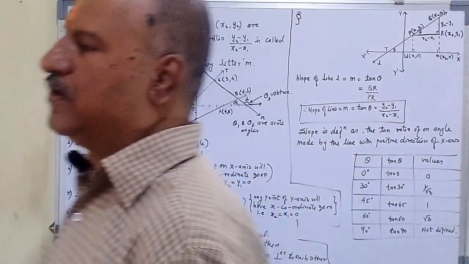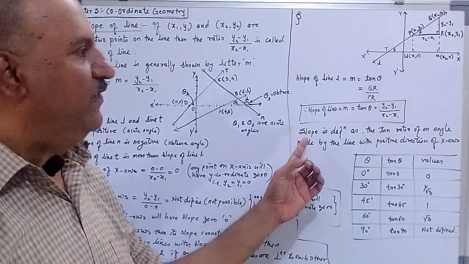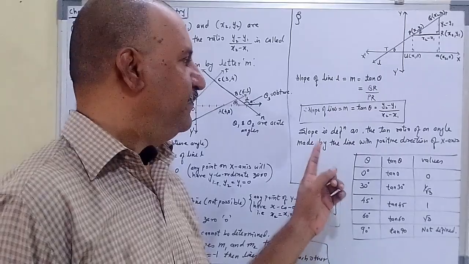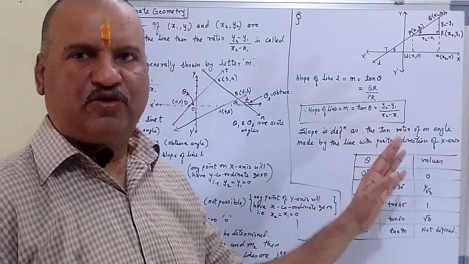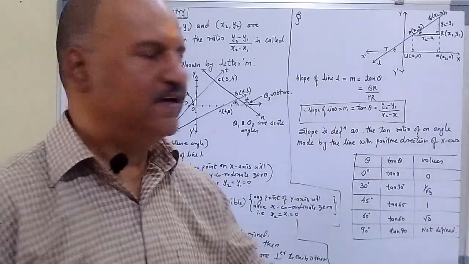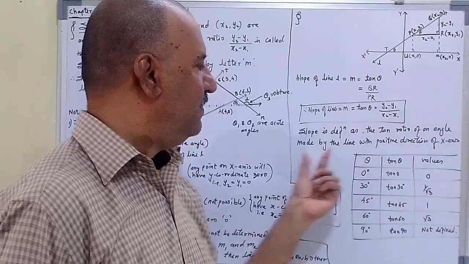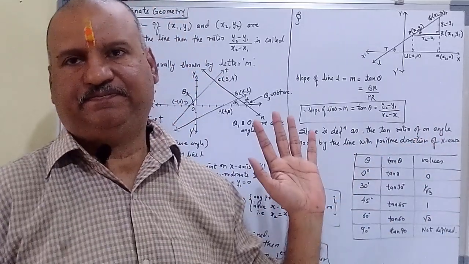When we are determining slope, remember, वो tan part छोड़ दो, it is the angle made by the line. Tan theta हम बाद में देखेंगे. ये part देखो, angle made by the line with positive direction of x-axis.